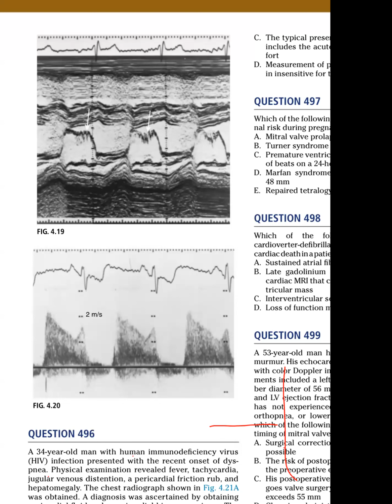This is a similar M mode to the other question that we did, in the parasternal long axis view at the mitral valve leaflet tip, displaying the excursion of the mitral valve. All right, so you remember the position.